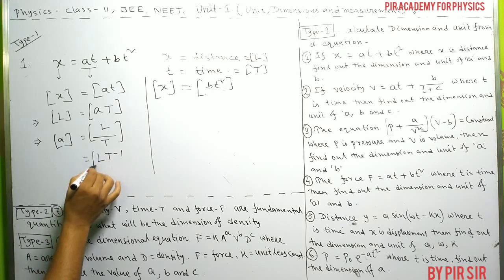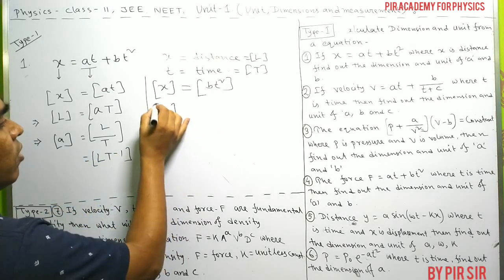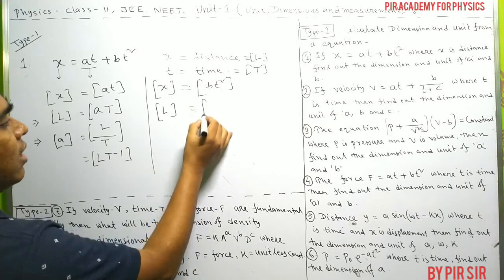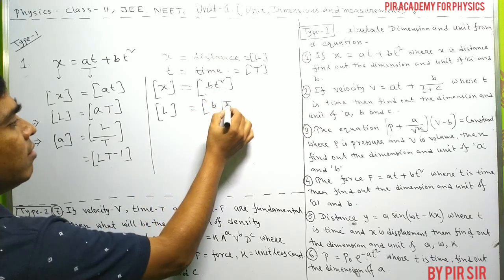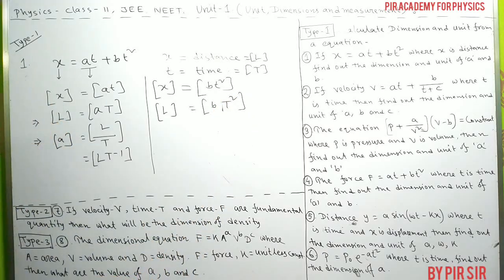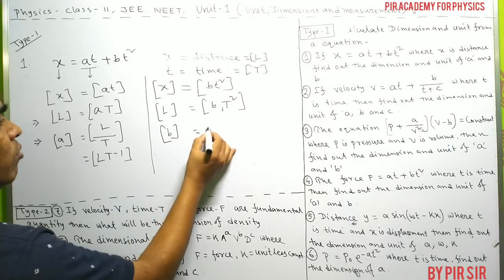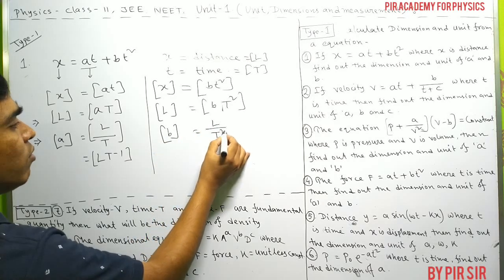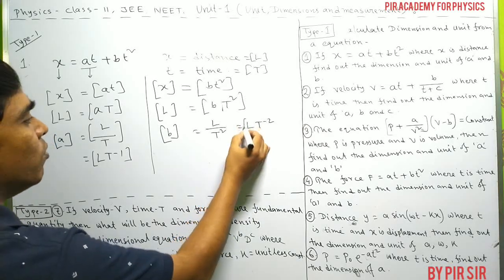Similarly, for B, the dimension of B equals L by T square, that is L T to the power minus 2.